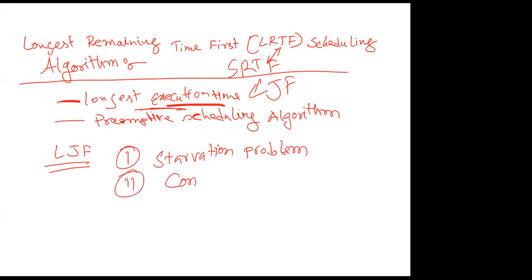Of course, the convoy effect problem, because a smaller process needs to wait for a long time. So this kind of algorithm will suffer from the convoy effect. And if there is a convoy effect, throughput will be very less.